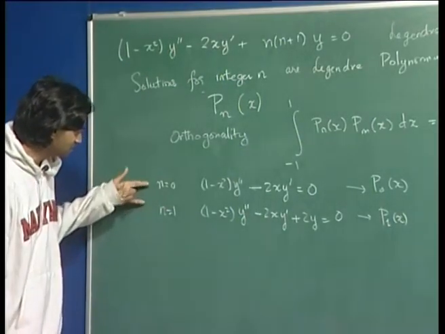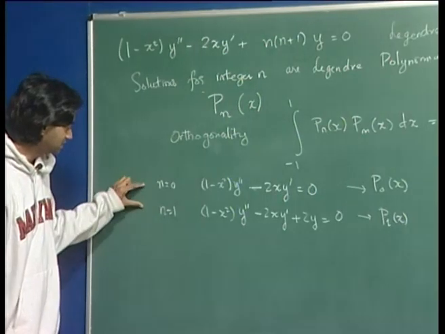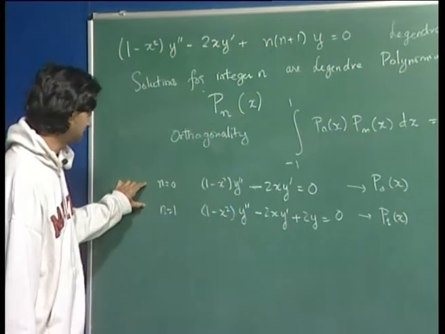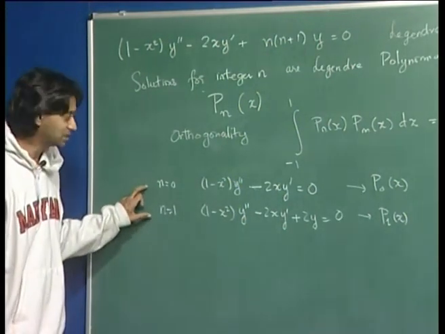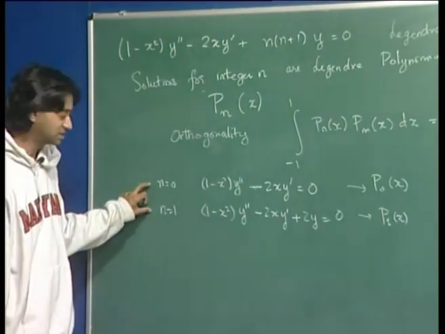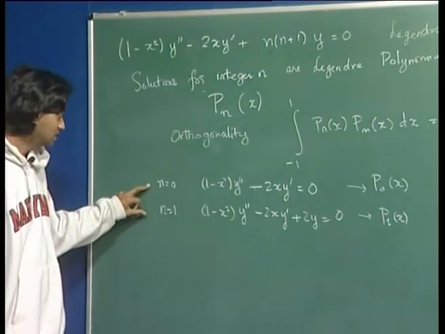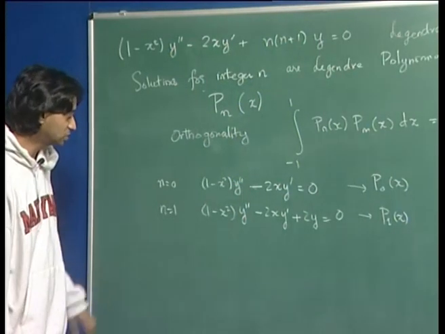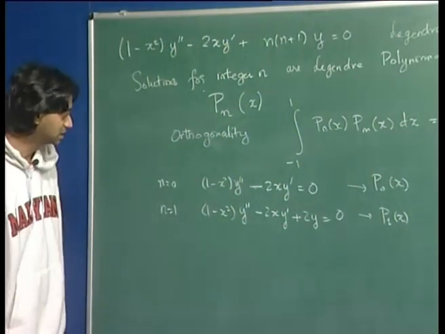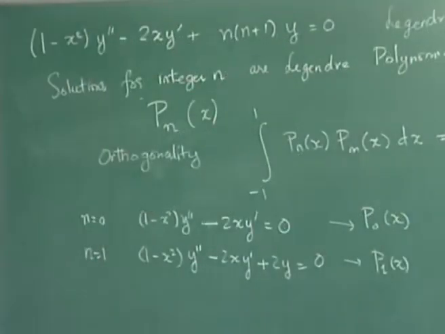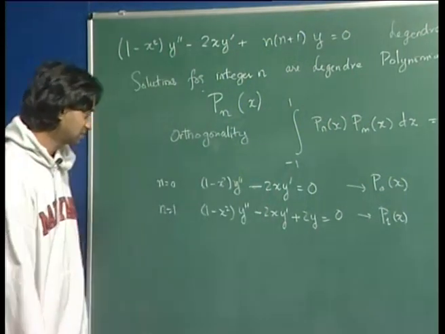I will also mention that the Bessel functions are also orthogonal, in a slightly different sense. Similarly, the Hermite polynomials, which are obtained when you solve the Hermite differential equation, a solution of the harmonic oscillator problem in quantum mechanics, are also orthogonal in a slightly different sense, and we will see it when we come to that.